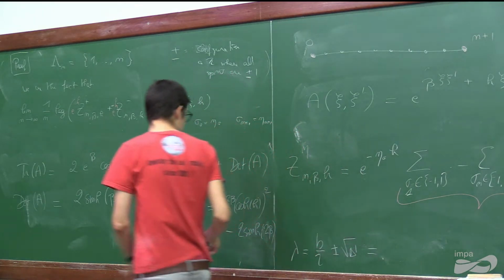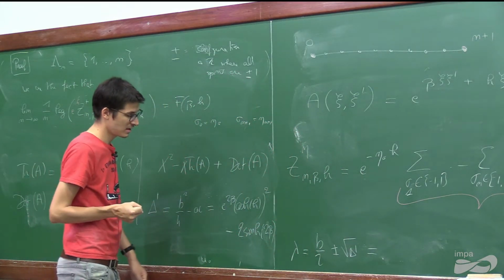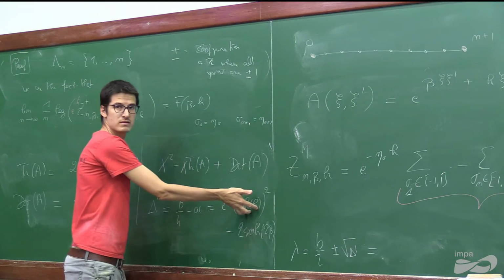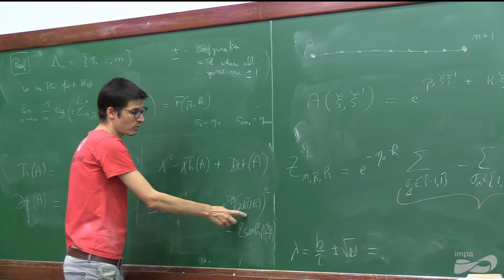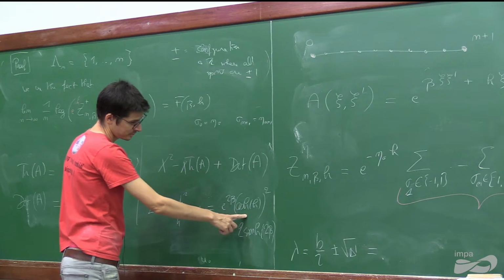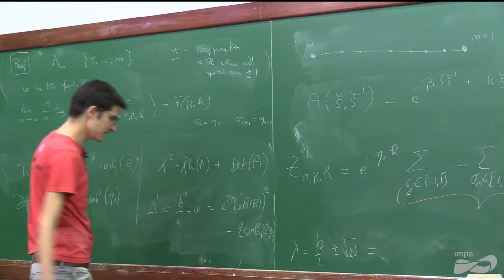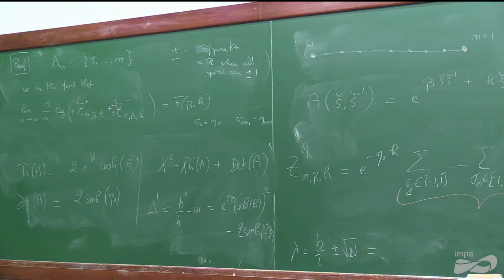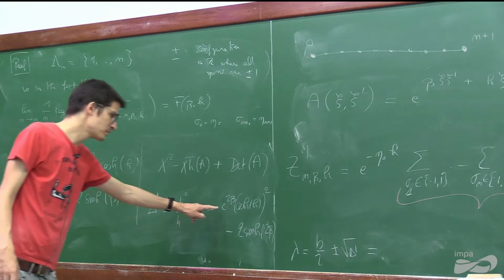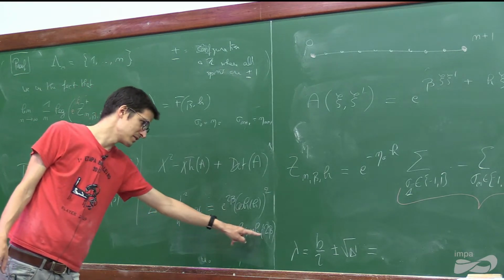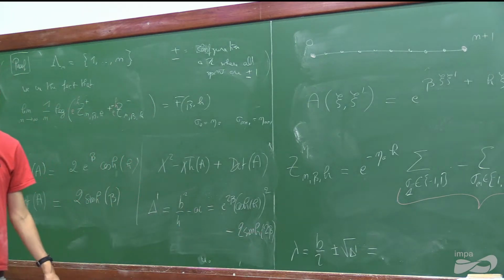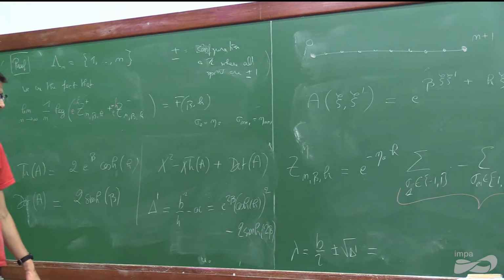So this thing is always positive, simply because this thing is larger than 1. And when this thing is 1, exponential 2 beta is larger than 2 hyperbolic sine of 2 beta, just because the difference is equal to exponential minus 2 beta.